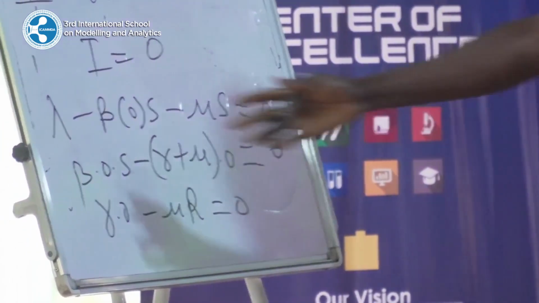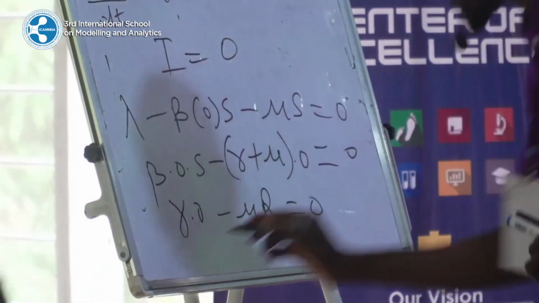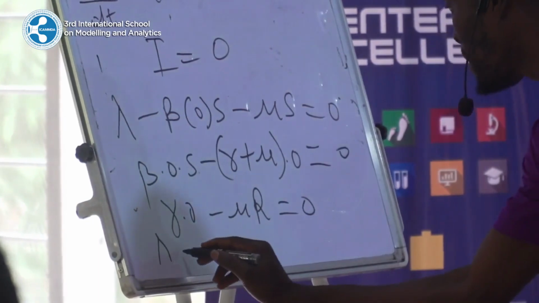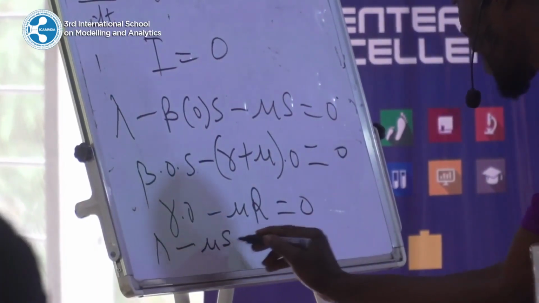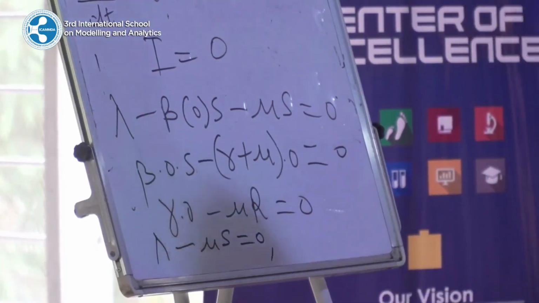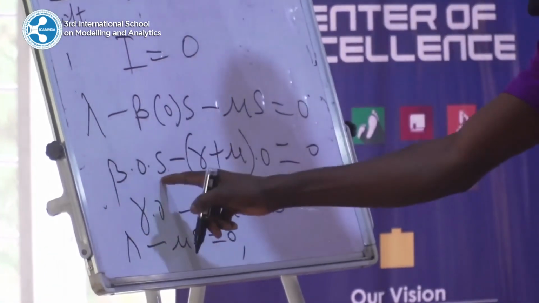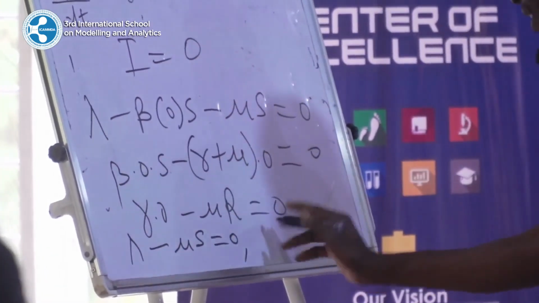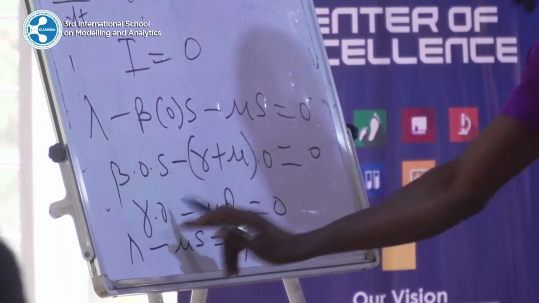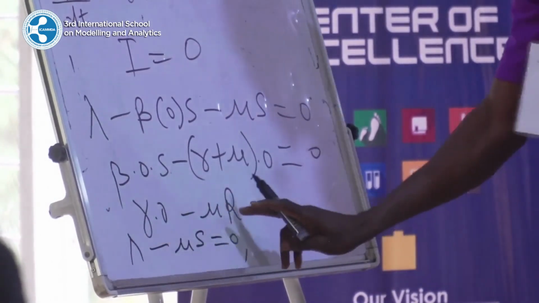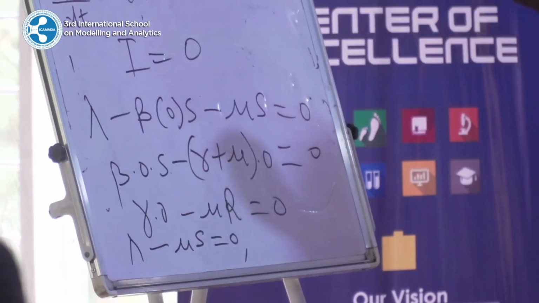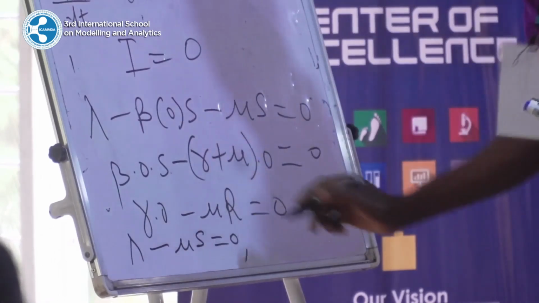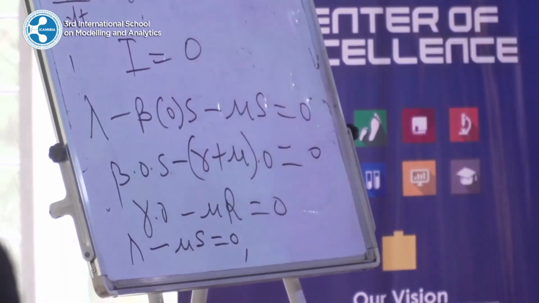If I simplify this further, the first equation will result to lambda minus mu S is equals to 0. Beta times 0 is 0. Then gamma times 0 is 0. As such, mu R is equals to 0. And consequently, R is equals to 0.